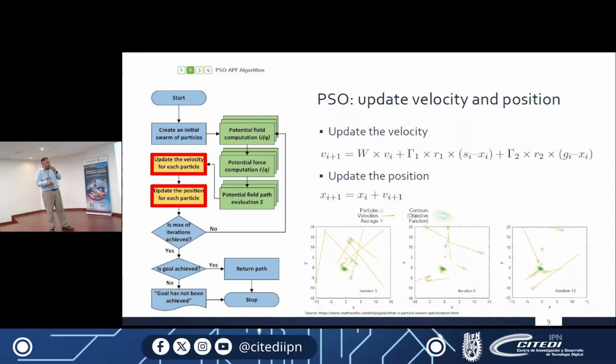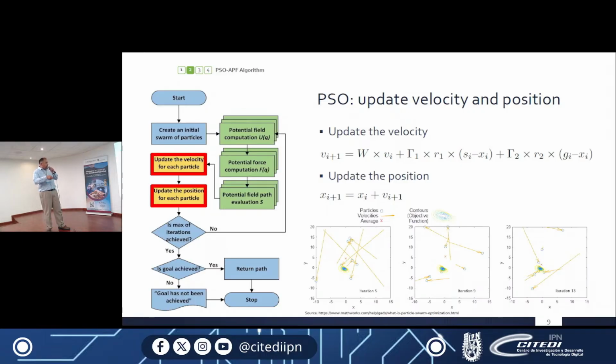And the average position of all the particles is represented by the red cross here. And the target, the contours of the objective function, is located here. So at the beginning, all the particles are in every part of the environment.